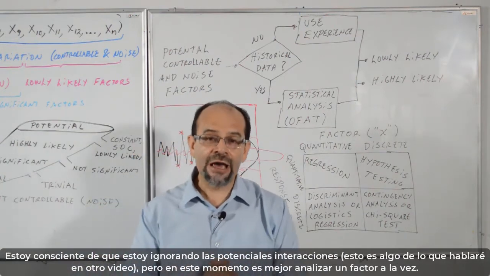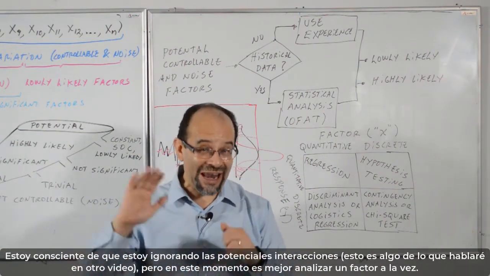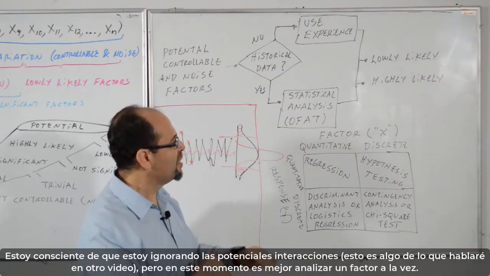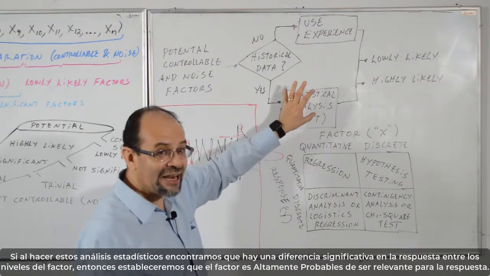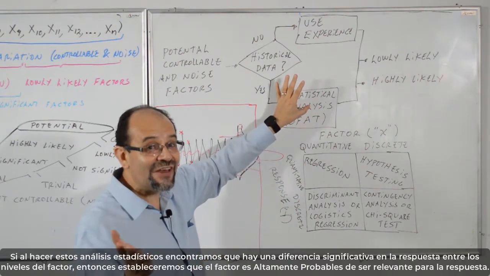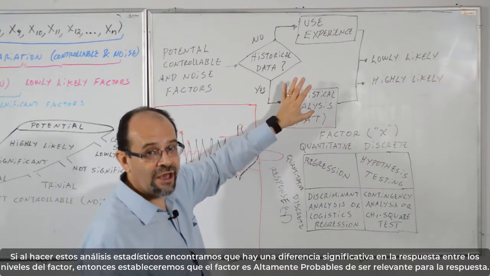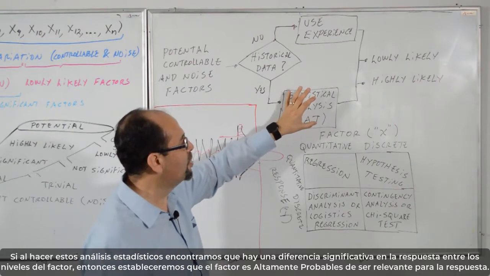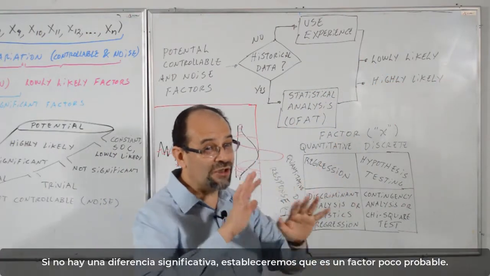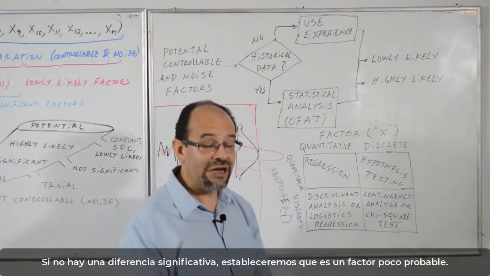Of course, I'm ignoring the potential interactions, and that's something that I have to talk about later in the process, but at this time, analyze one factor at a time. And doing this statistical analysis, if, according to the statistical analysis, there is a significant difference on the response, depending on the levels of the factor, well, you will define that that's a highly likely factor. If there's not a significant difference, you will define that that is a lowly likely factor.